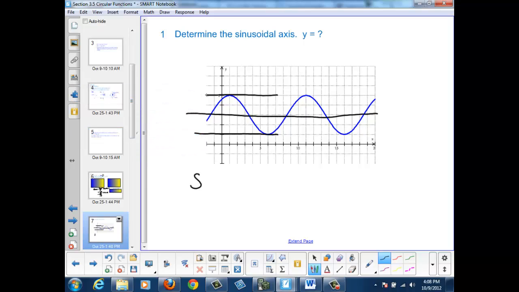So my sinusoidal axis is y equals 3. And that 3 is also the c value in my general sinusoidal equation.